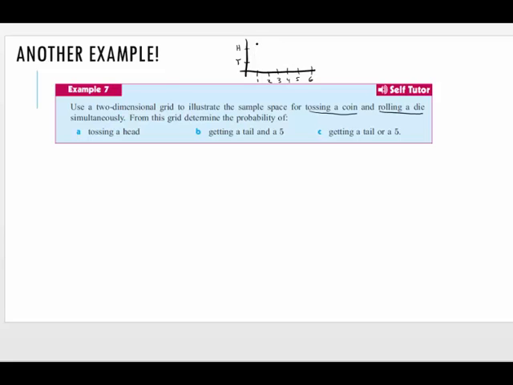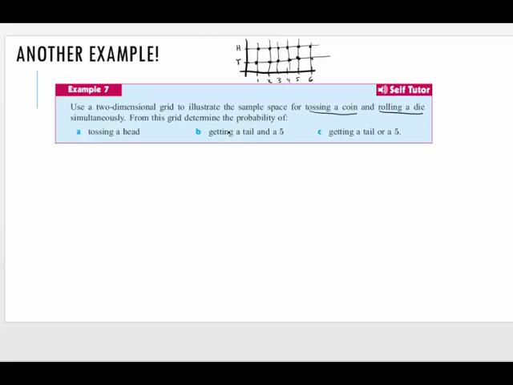So for the grid we draw lines up top and lines across. And wherever they cross is where an event could occur. So with this, we have how many possibilities? Well, it looks like we have 1, 2, 3, 4, 5, 6, 7, 8, 9, 10, 11, 12 possibilities.